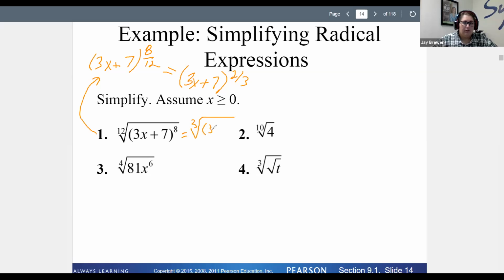If they don't care, they just want it in lowest form, then you can leave it in exponential form. As far as I'm concerned, as long as you simplify it, you can either leave it as the exponential or go back into the radical. Doesn't matter to me. So number 2 is going to follow the same process.